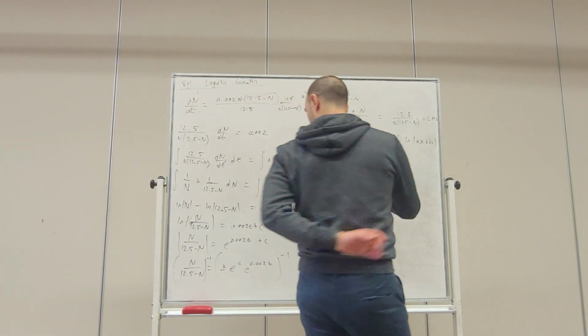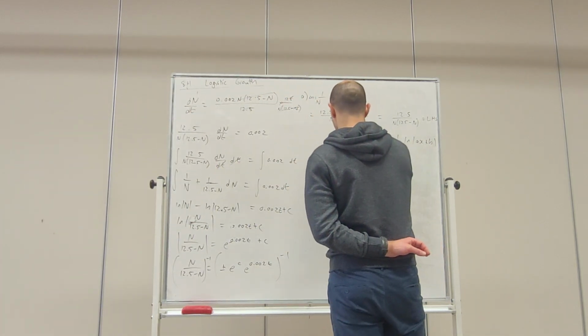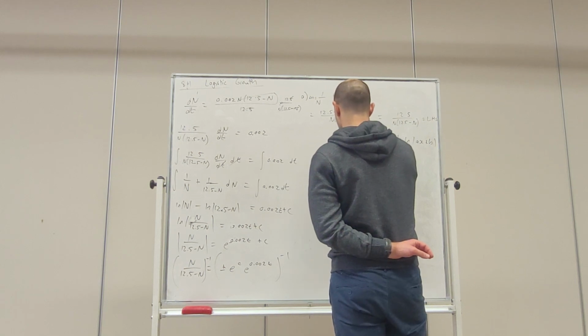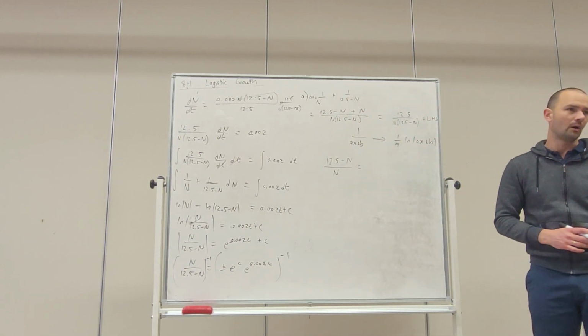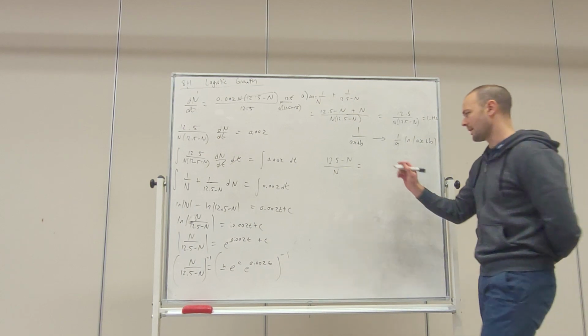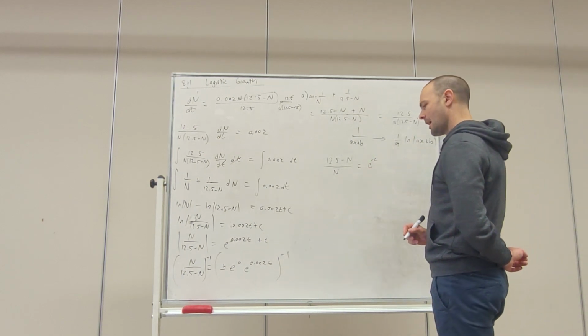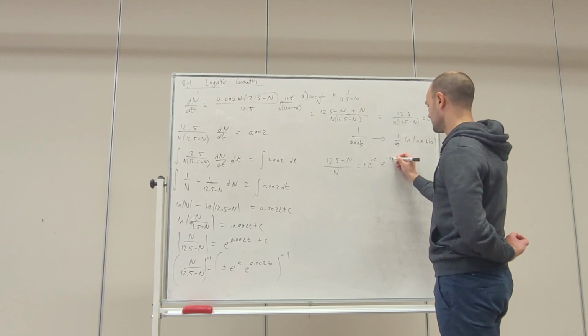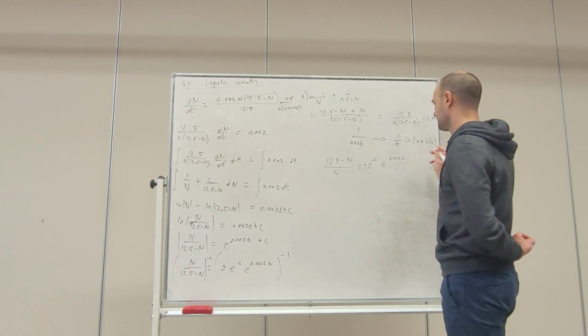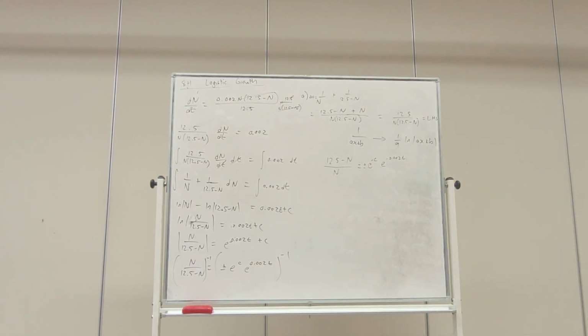So on the left-hand side, we're now going to have 12.5 take n on top of n. And on the right-hand side, all we're doing is ending up with a negative power on our e terms. So we have e to the negative c, and we have plus or minus, and we have e to the negative 0.002t. All right, we're getting there.